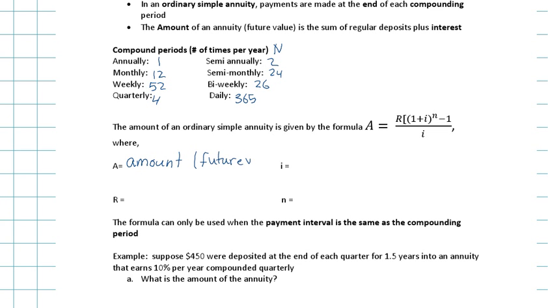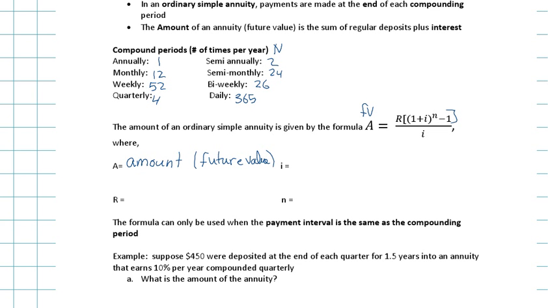You might also see, instead of this formula, FV equals R times (1 plus I to the power of n, minus 1) over I. In your formula sheet, you can also see instead of R, I think it's PMT.